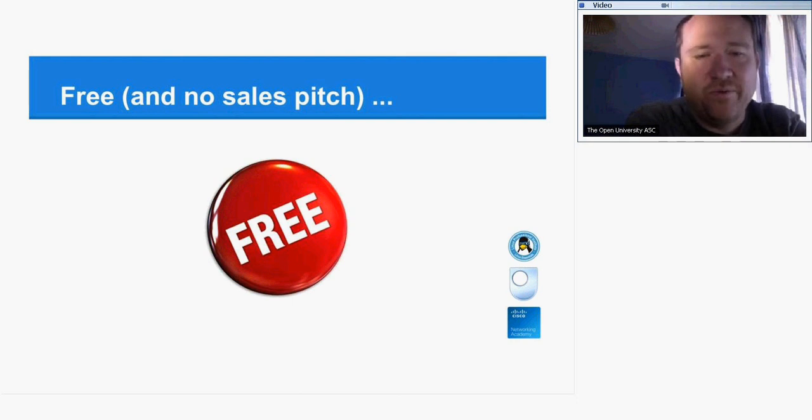So we are doing this as part of our corporate social responsibility at the Open University to help engage more young and old people into Linux technology, because we recognise if we can help develop the workforce with this skill for the future, then as a university we have a future.